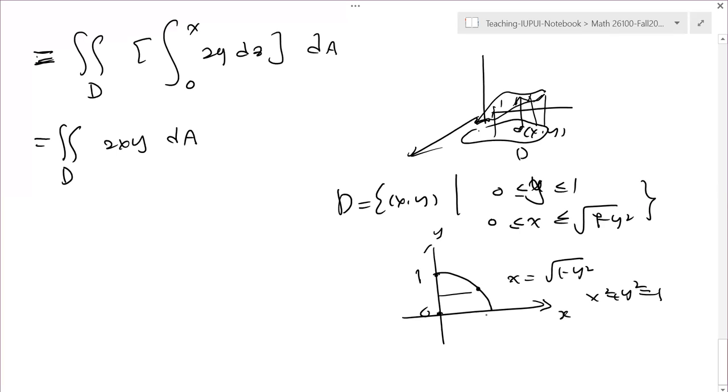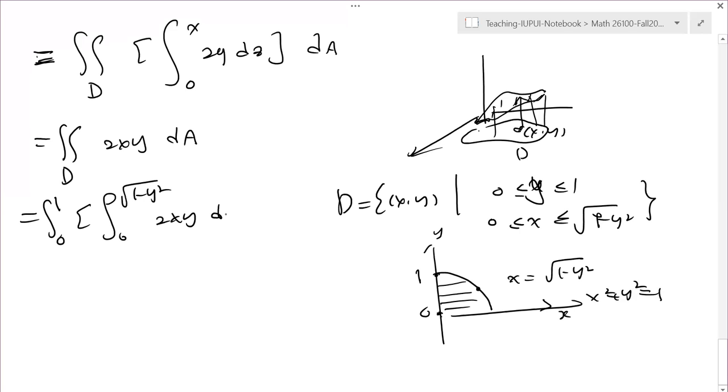This is a portion of the circle. This is the integral on the circle in the first quadrant. Now you have two different ways to evaluate. You can do it directly, and that will be 2xy dx dy.